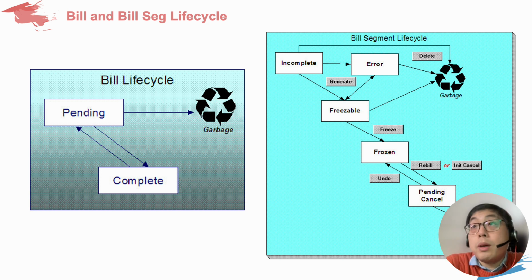On the bill, although you have bill message in addition, normally we have a very small scope of changes, but the majority of the menu options are based on the bill segments.